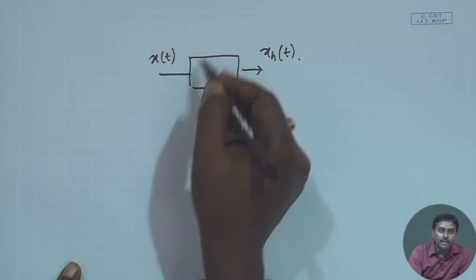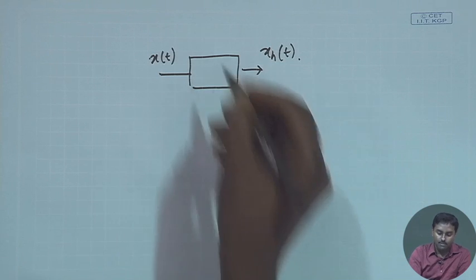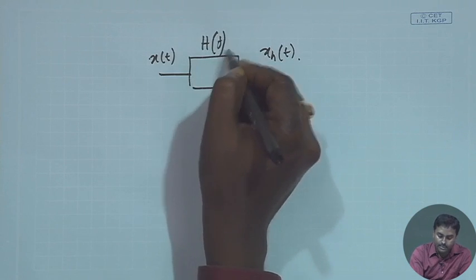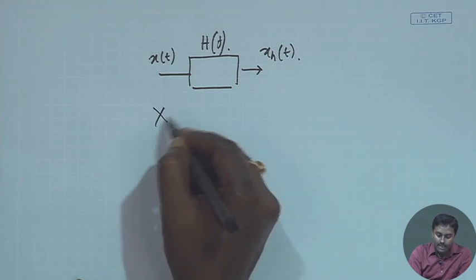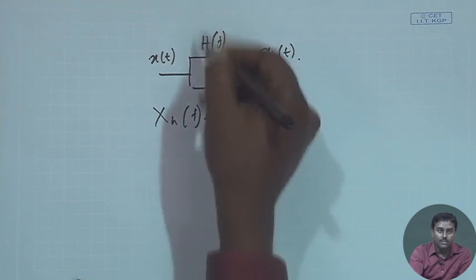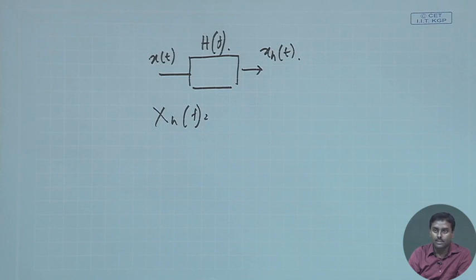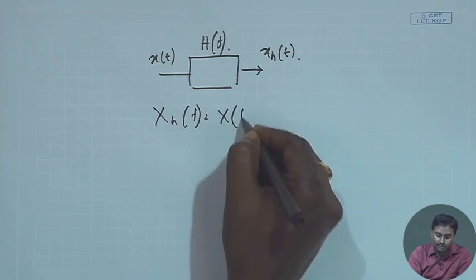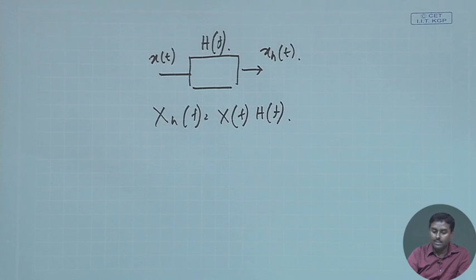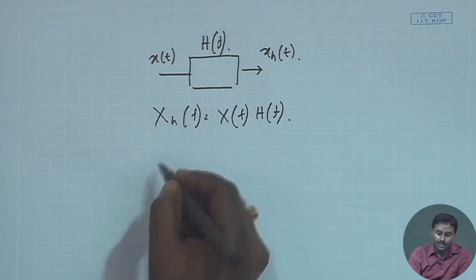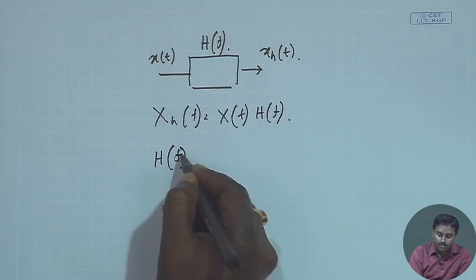Now I want to get the characteristics of this, that is the H(f), the transfer function. I know that X_h(f), if the transfer function is H(f), should be X(f) into H(f), right? If I go back to my previous relationship, then what is my H(f)?